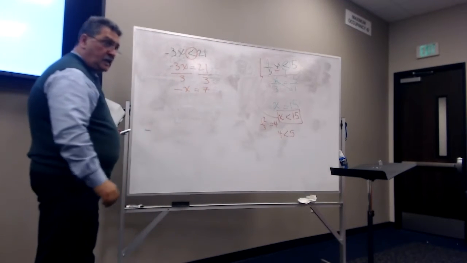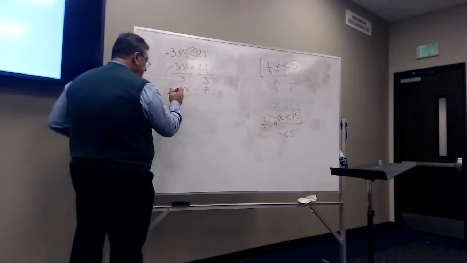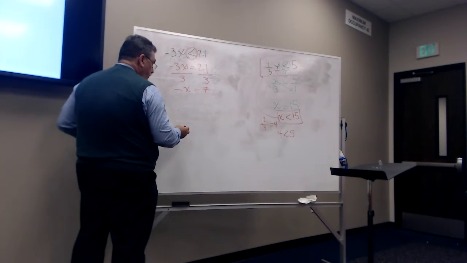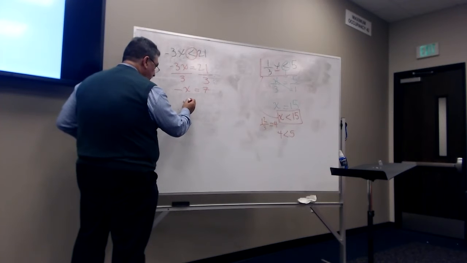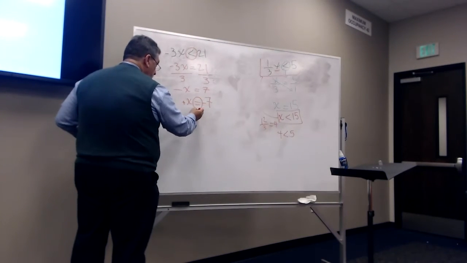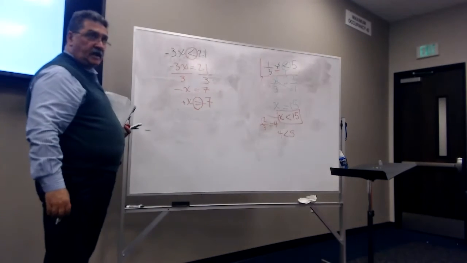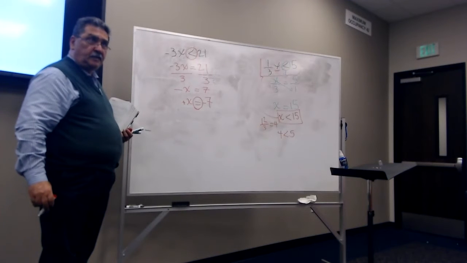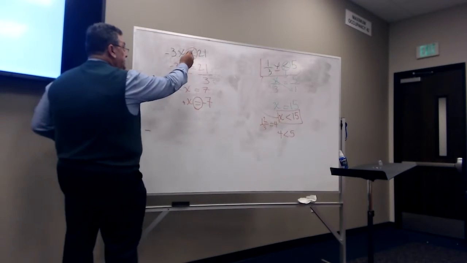Yes? But I don't want minus x, I want x. So I have to multiply both sides by minus 1. This becomes plus x, that becomes minus 7. Now, what should I do to the inequality sign? I multiply both sides by a negative number, I have to reverse this.